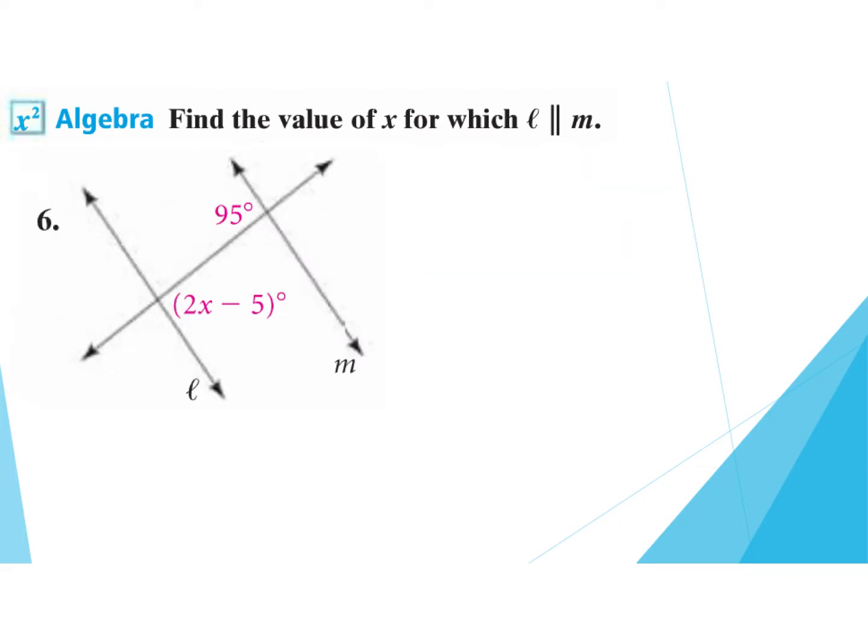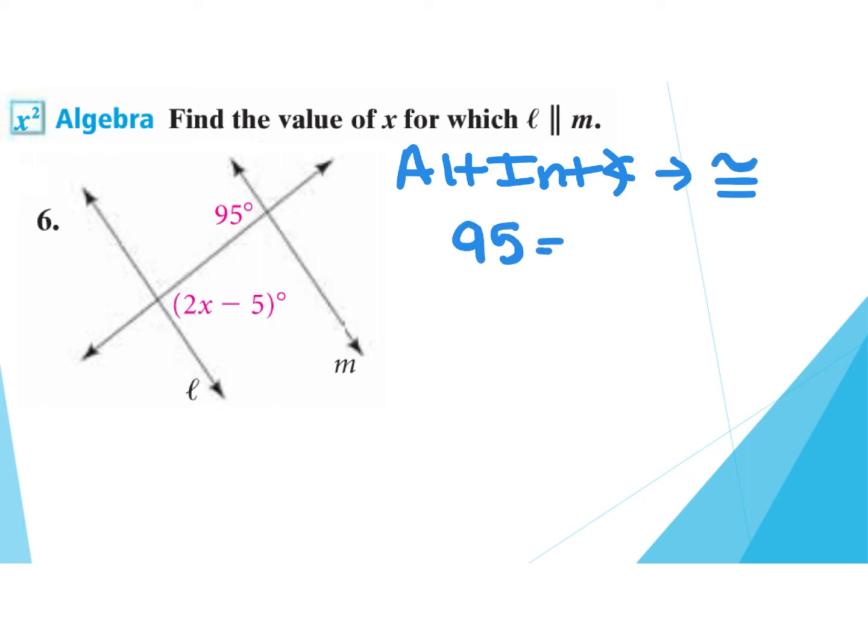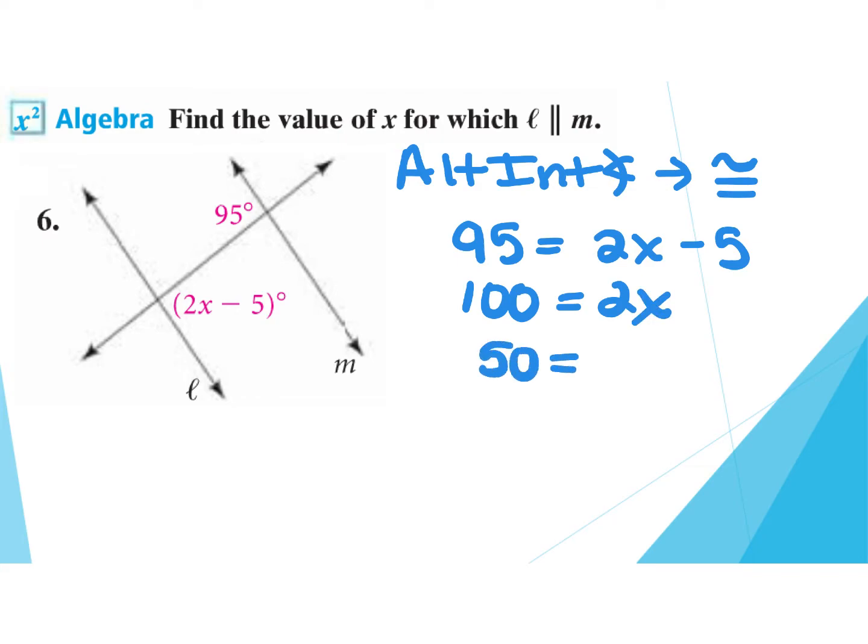For this problem, I have two angles that are alternate interior angles, which means we also want them to be congruent. So I can say 95 should equal 2x minus 5. So if I solve, I get 100 equals 2x, so 50 equals x. It would give us that the lines are parallel.